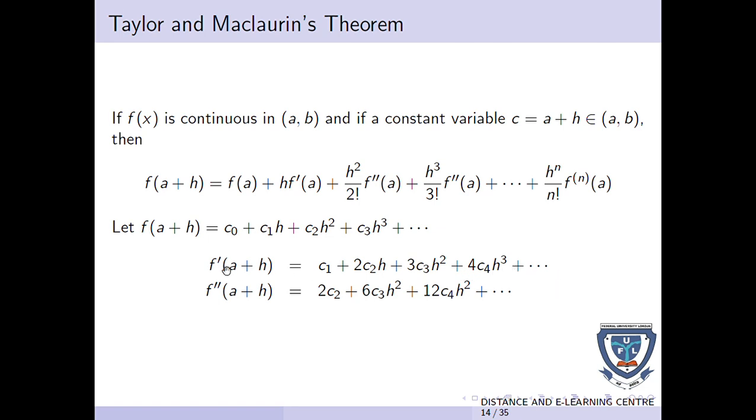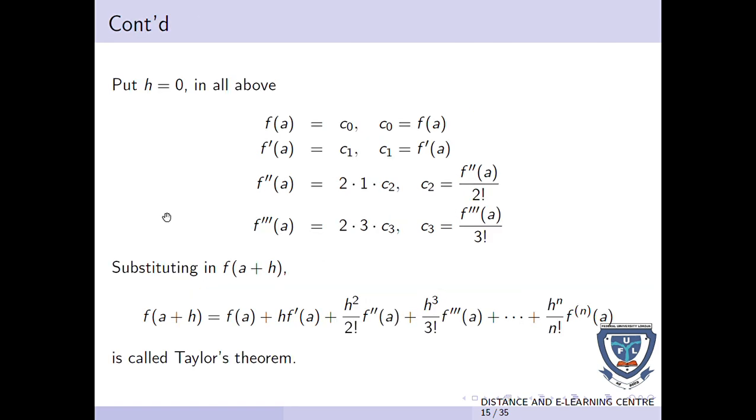When you continue with f prime prime, and then you put your h equal to 0 in all above, you're going to have what is here. Now, substituting in f in bracket a plus h, you're going to have this.